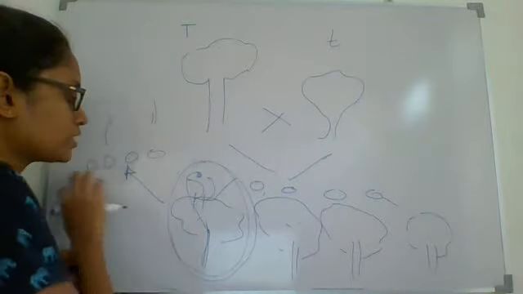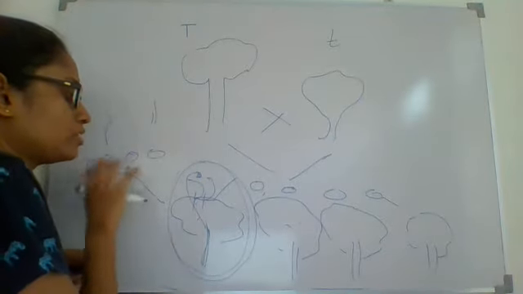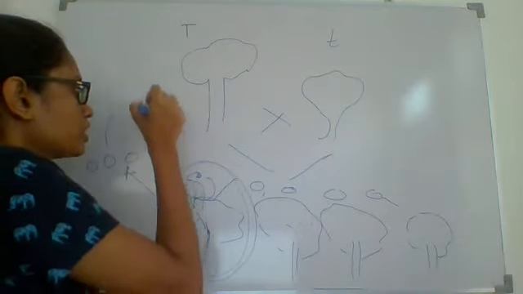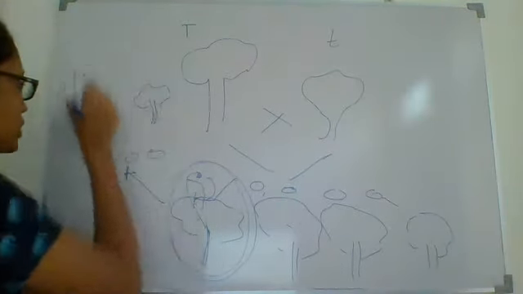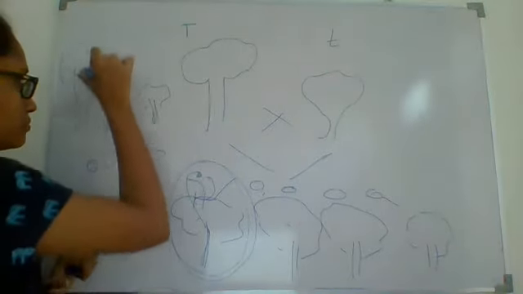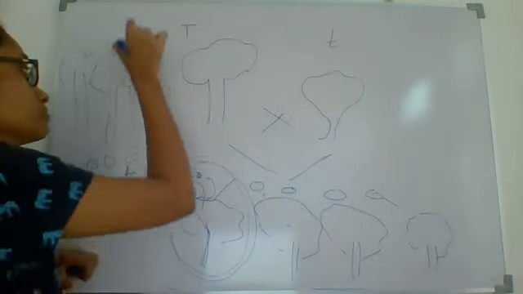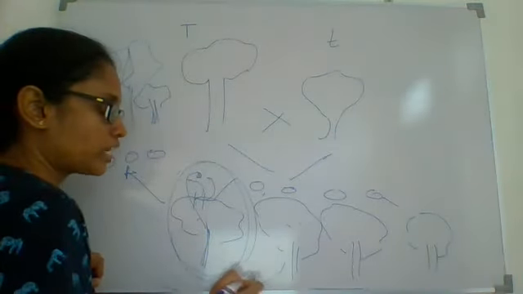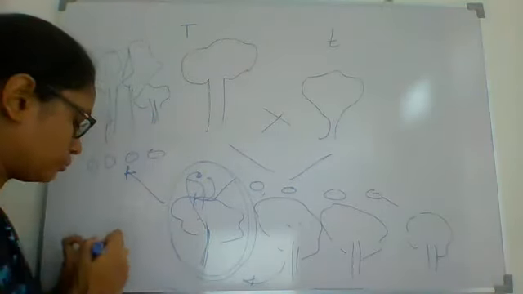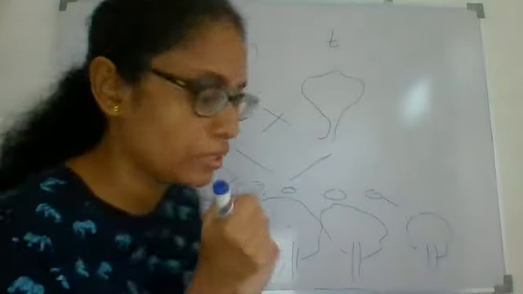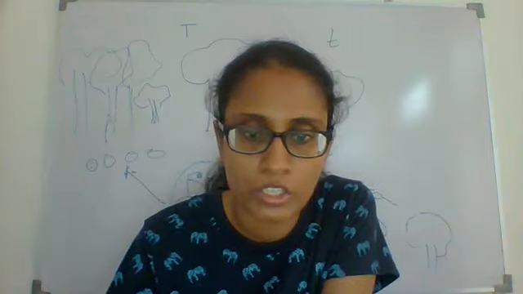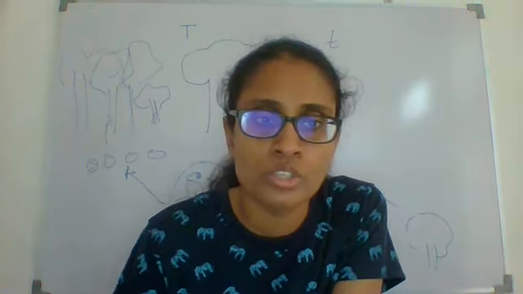Once he germinated these seeds, he got one short plant and 3 tall plants, right? So from each plant, you will get like this. You can see the table down on page number 175.